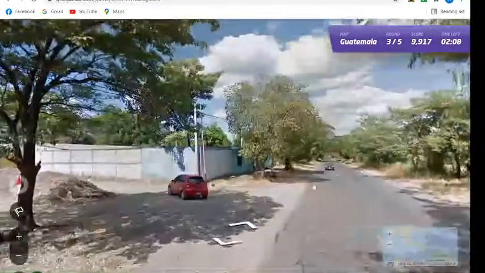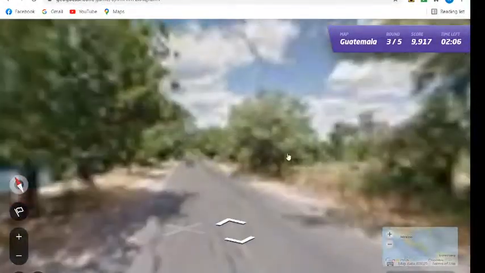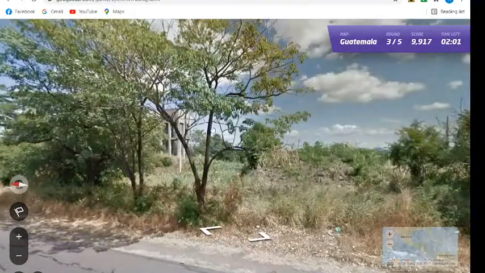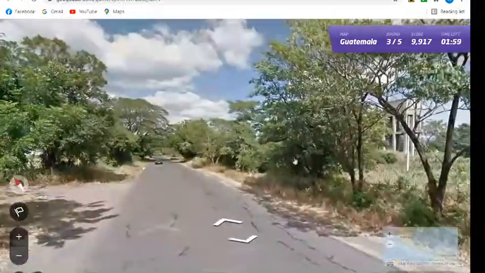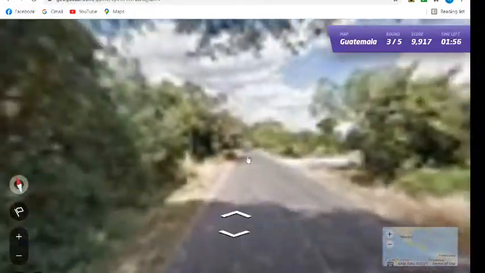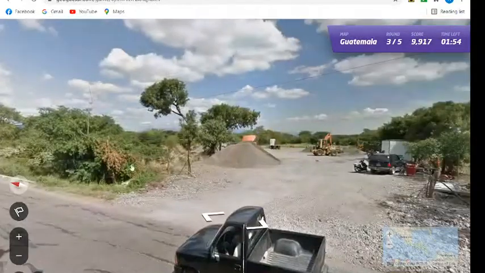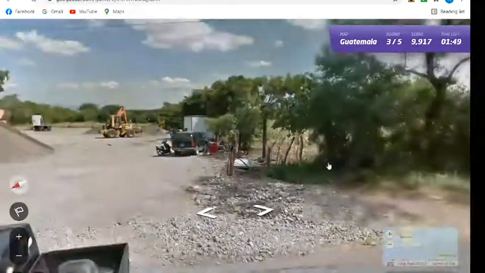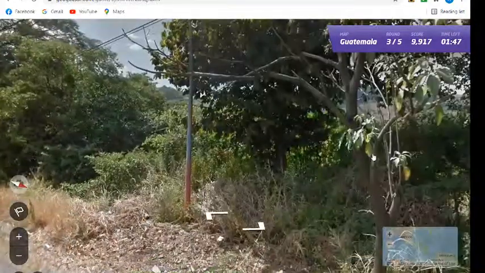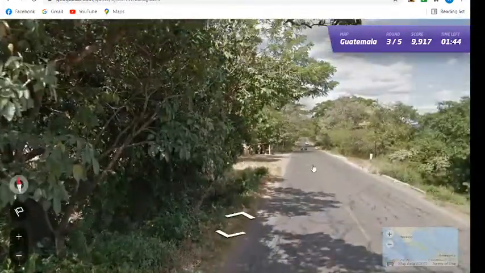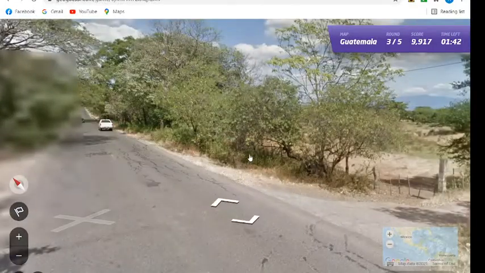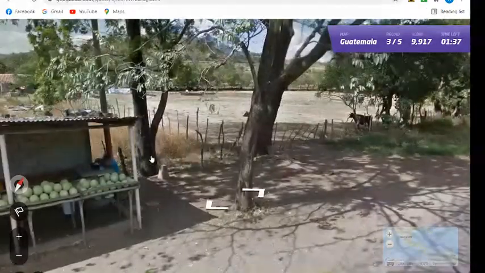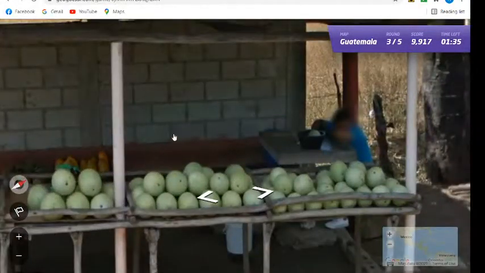All right, we have a dog. We have melons.